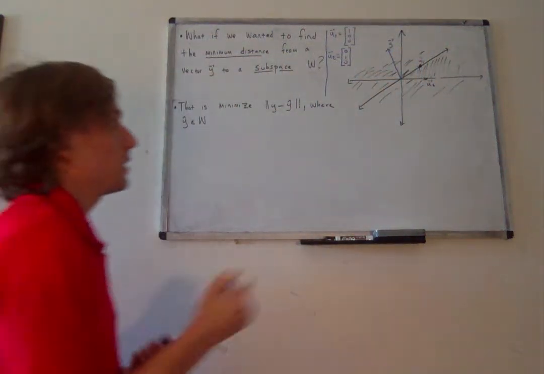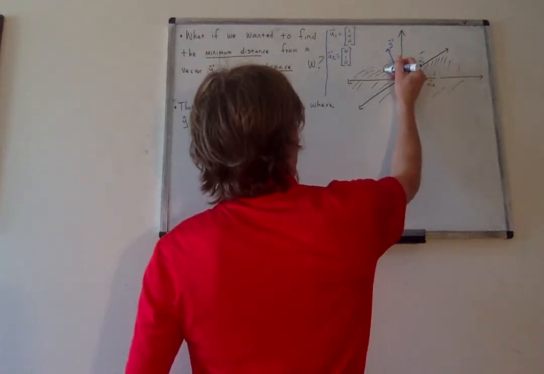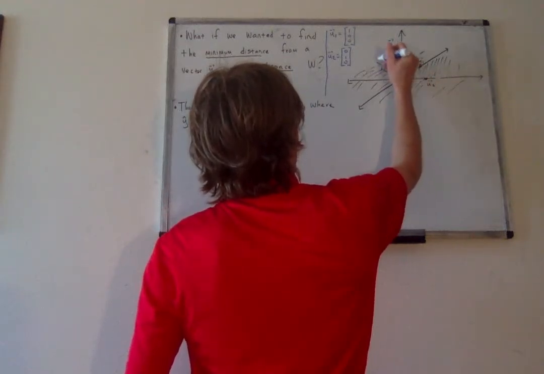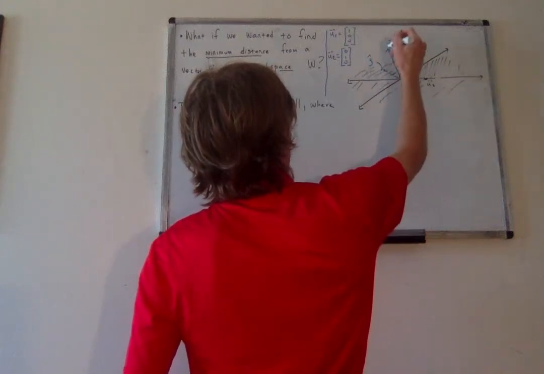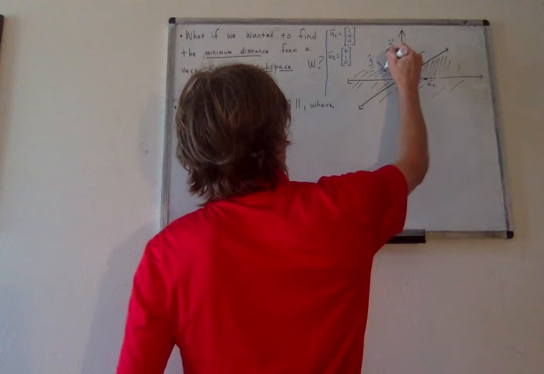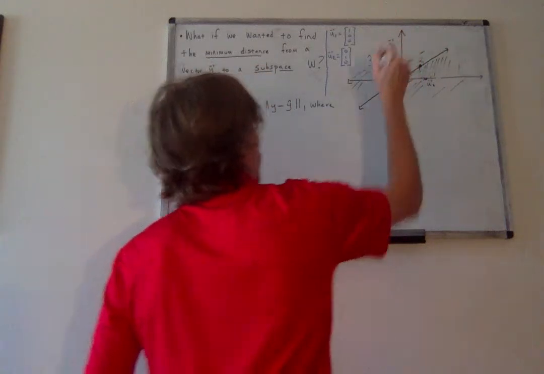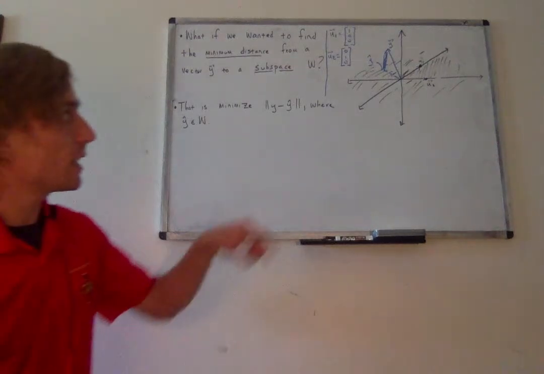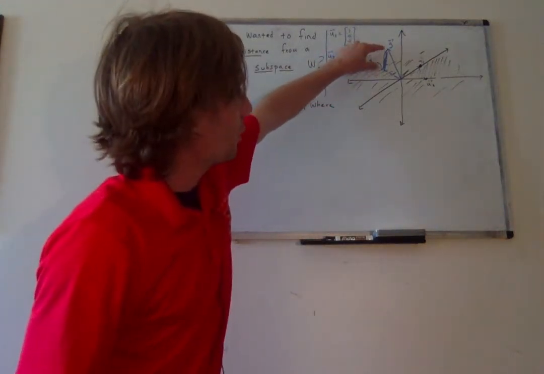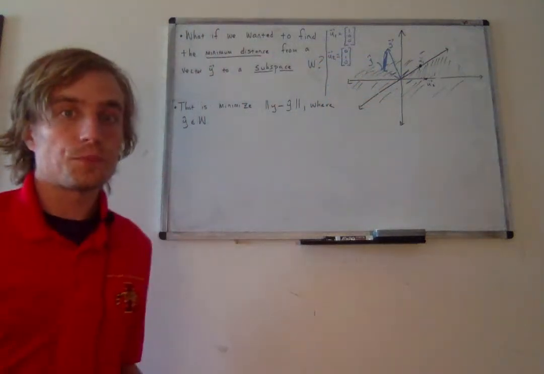Well, we'd want to find some vector y hat that did fall on this plane. And again, we'd want to minimize the distance of this line here connecting y and y hat. And if I've drawn it right, you might once again see that this vector should form a right angle with this plane.